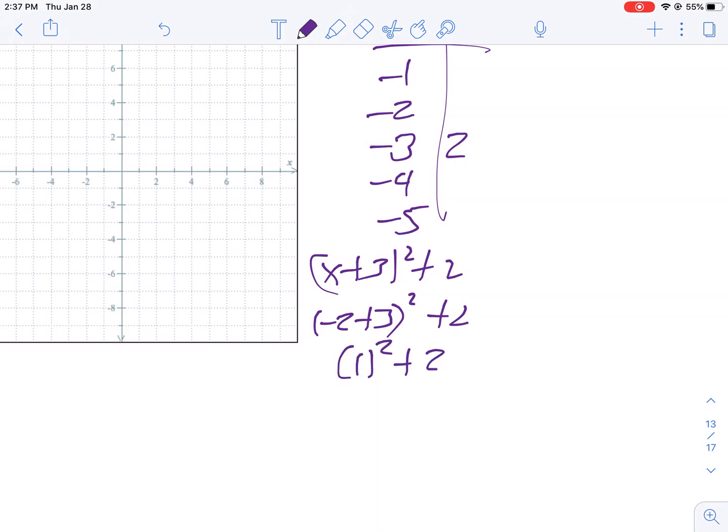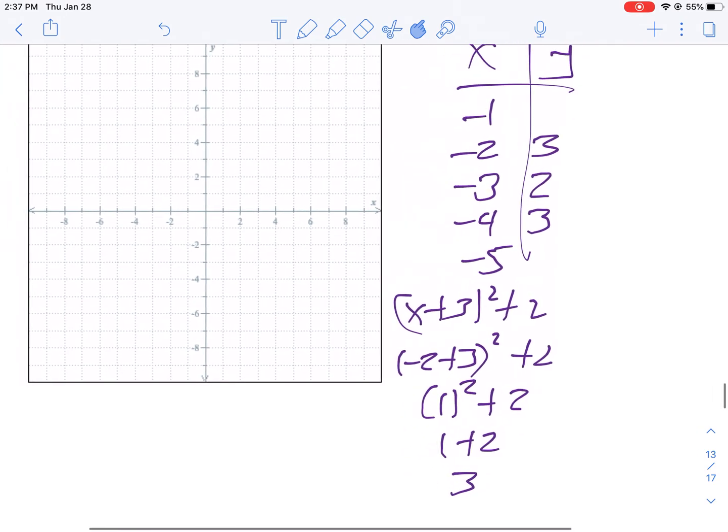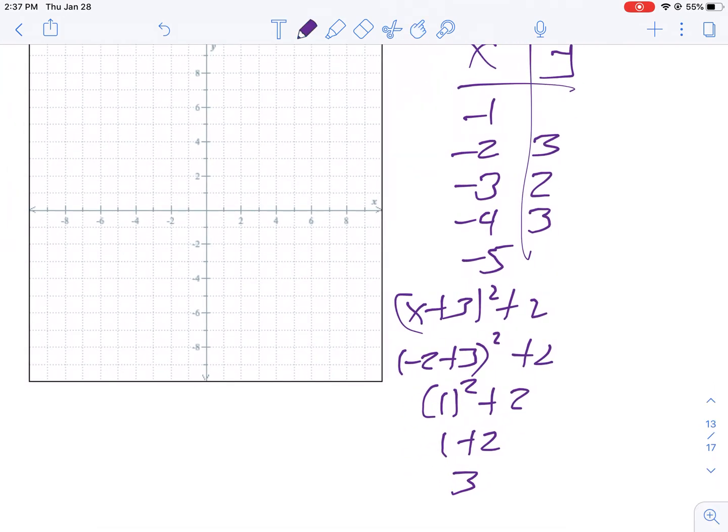Squared plus 2, so that's 1 plus 2, which is 3. I think I'll graph those 2 points before I forget. We also know negative 4 is going to be 3 because it's symmetric. So I have negative 3, 2, and negative 2, 3. And negative 4 is also at 3.